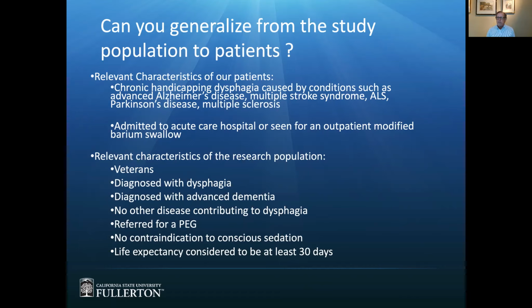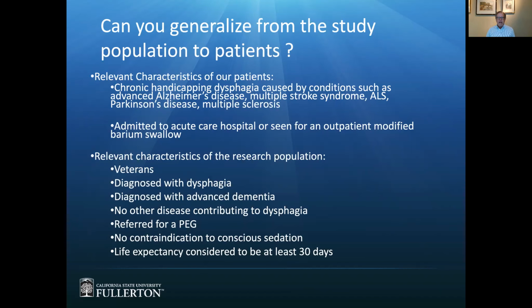And there are others too, but it's a mixed bag of people who come into acute care with illness. Oftentimes they're admitted with pneumonia, and in their background you see that they have some etiology of dysphagia and in fact a history of dysphagia. And sometimes they're the same patients, but they're in a skilled nursing facility and we're seeing them as outpatients.